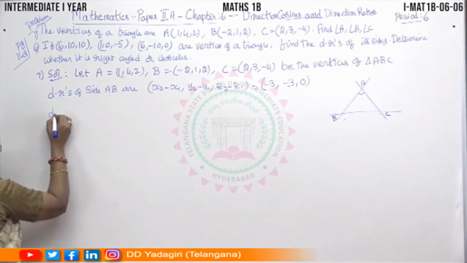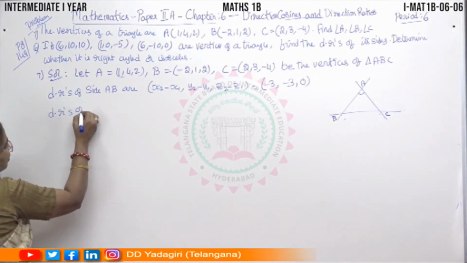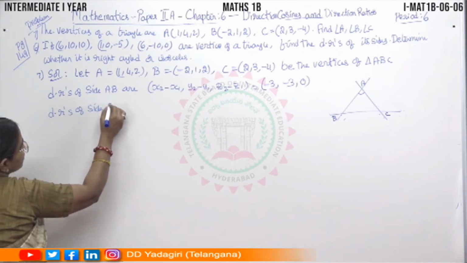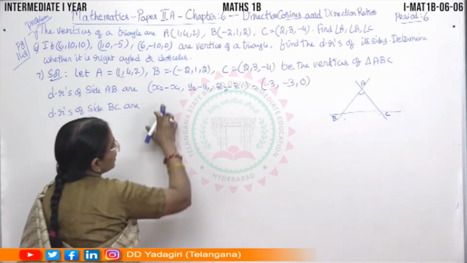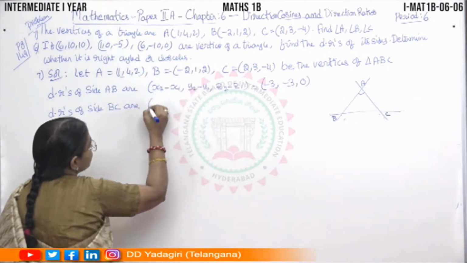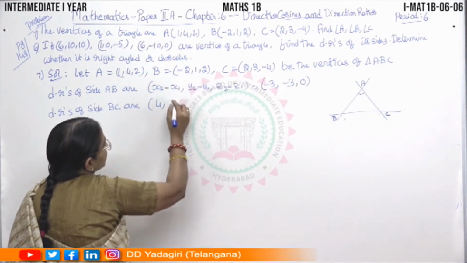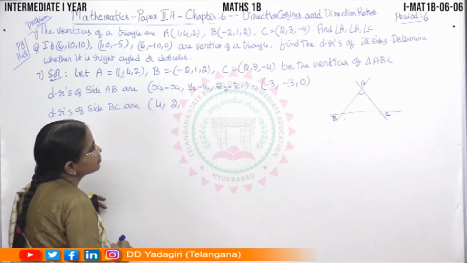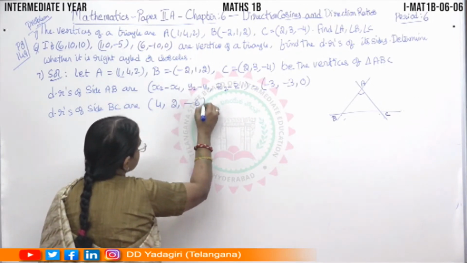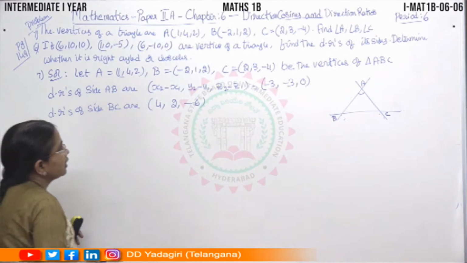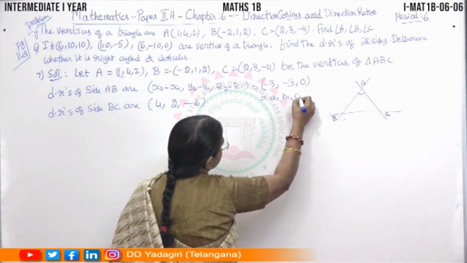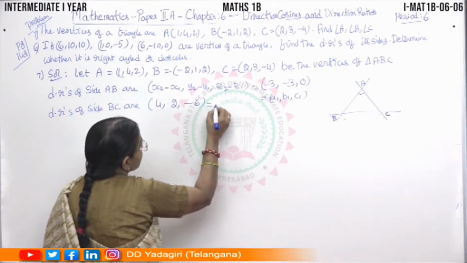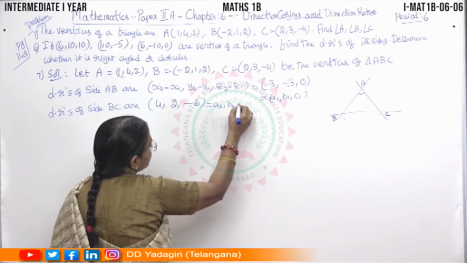Now next is direction ratios of BC. Same formula. So 2 plus 2 is 4, and then 3 minus 1 is 2, and then minus 4 minus 2 is minus 6. So these are your a1, b1, c1 for AB, and this is a2, b2, c2 for BC.